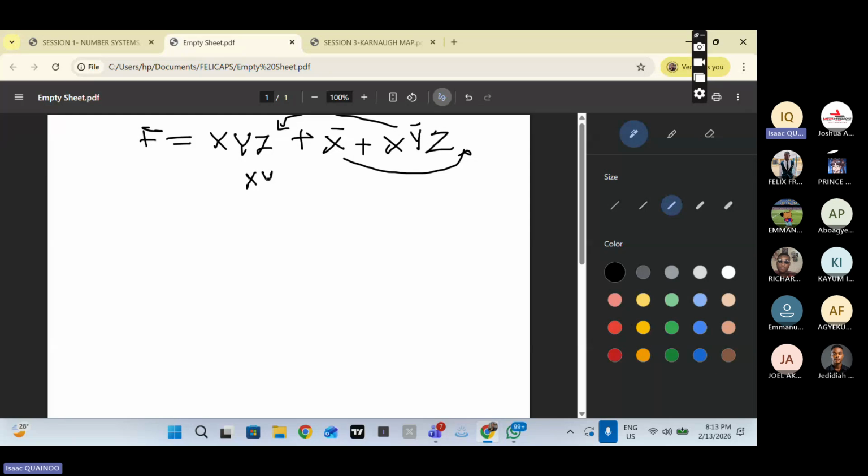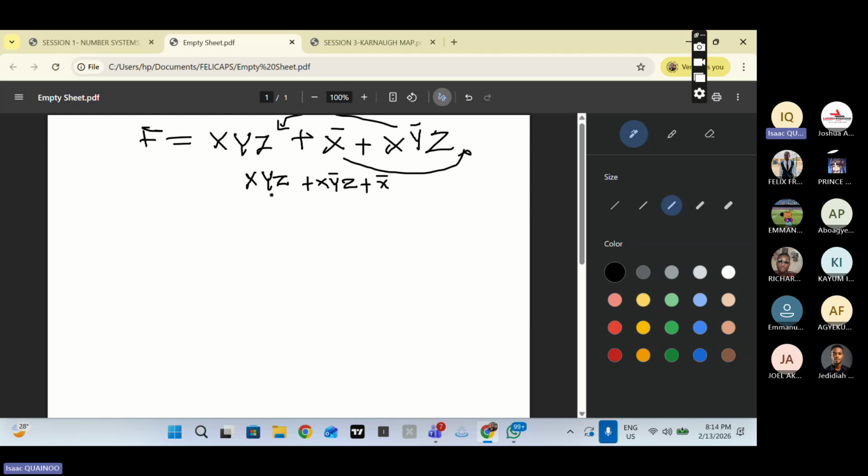Okay, so we have xyz plus xy bar z, all plus x bar. Okay, so from here, what can we do?